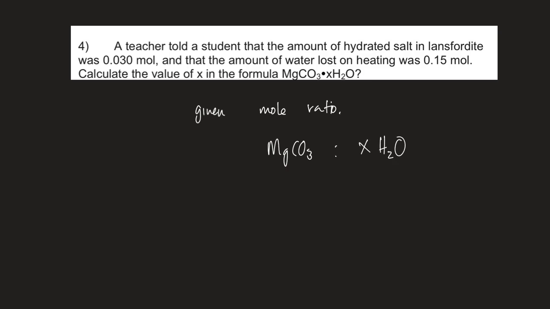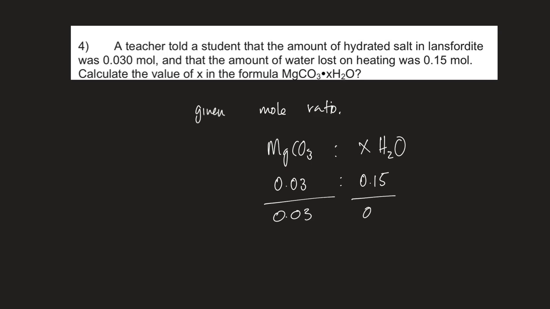Okay, and they're saying that the hydrated salt was 0.03 and the water lost was 0.15. So this was 0.03 is to 0.15. Then remember what I said, divide both sides by the smallest one.